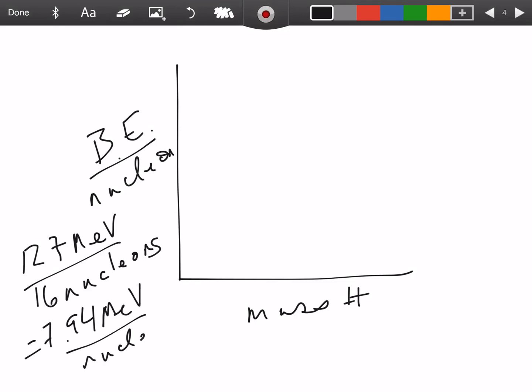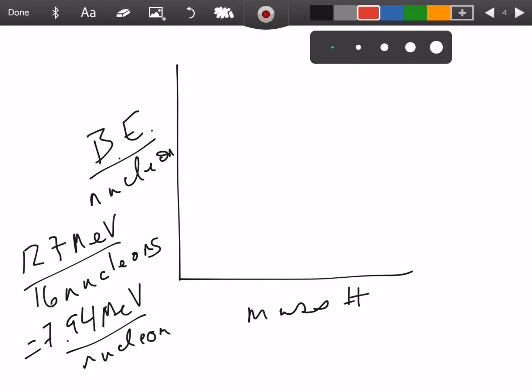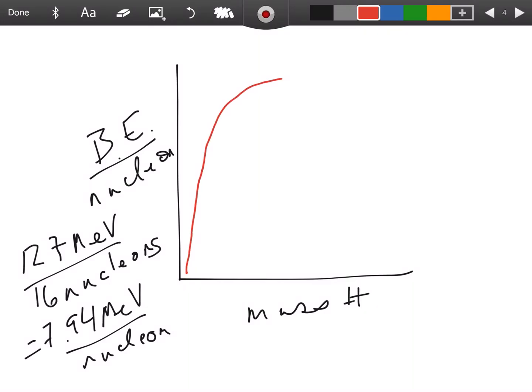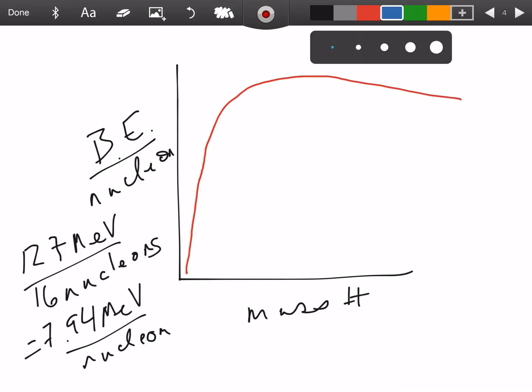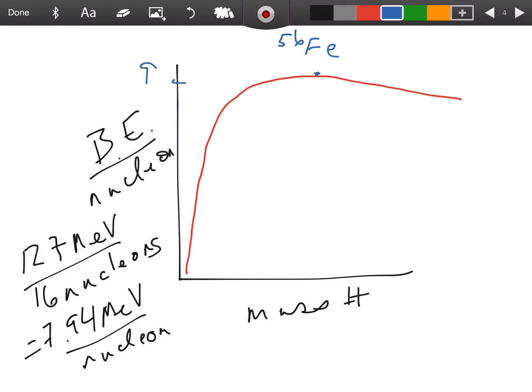That's for oxygen-16. It turns out that when I do this plot, what I get is something that looks like this. And right at the top of this graph, right here at this point, is iron-56. And that's at about 9 mega electron volts per nucleon.